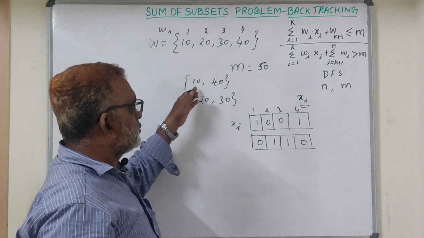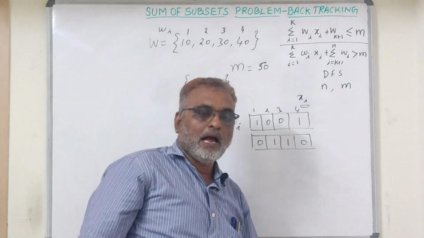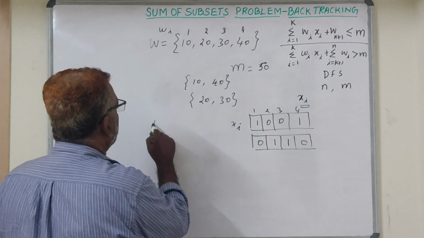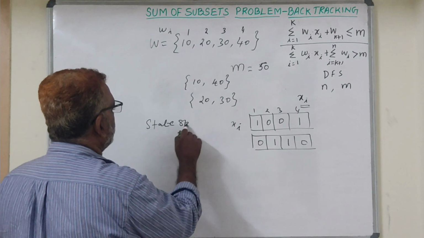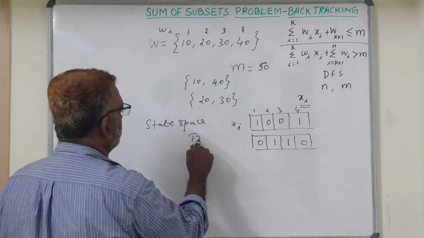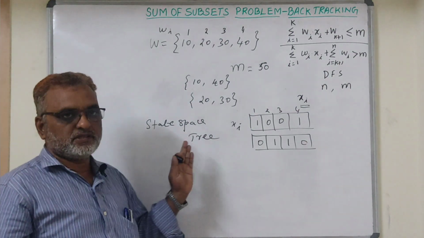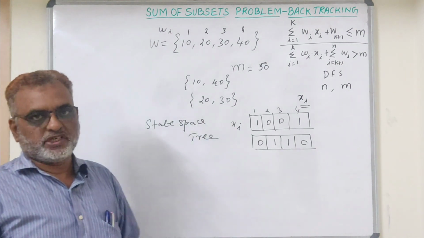These solutions can be obtained with the help of a technique called the state space tree. We can generate this tree, and using this tree we can get the solutions.